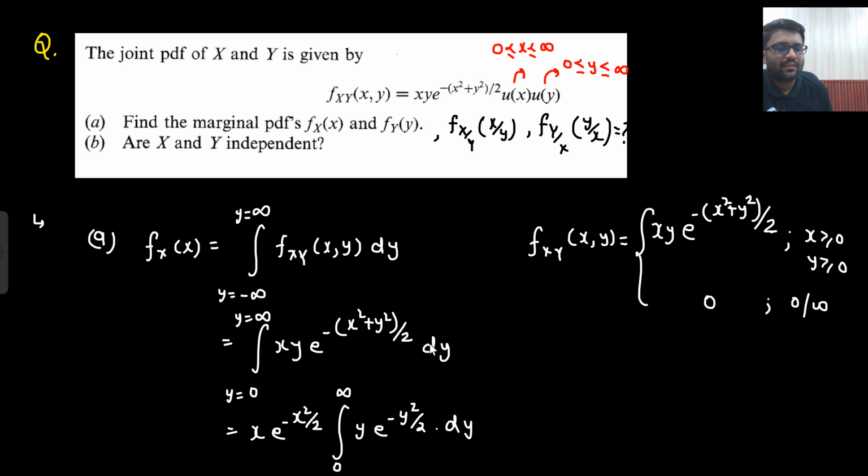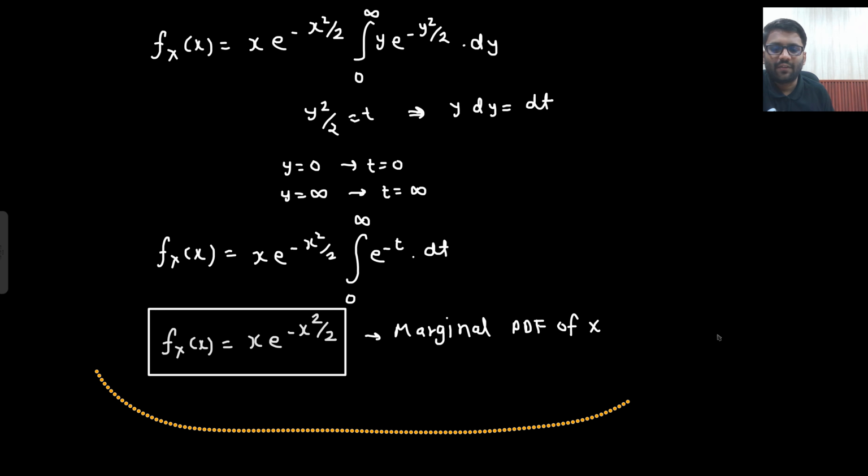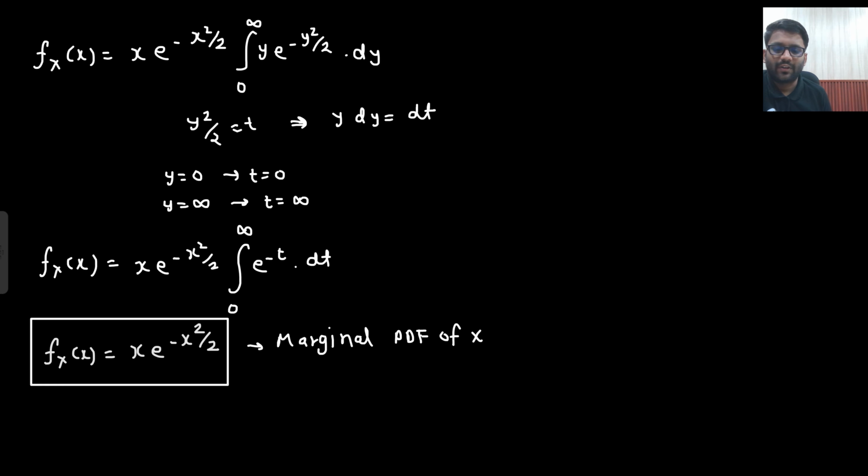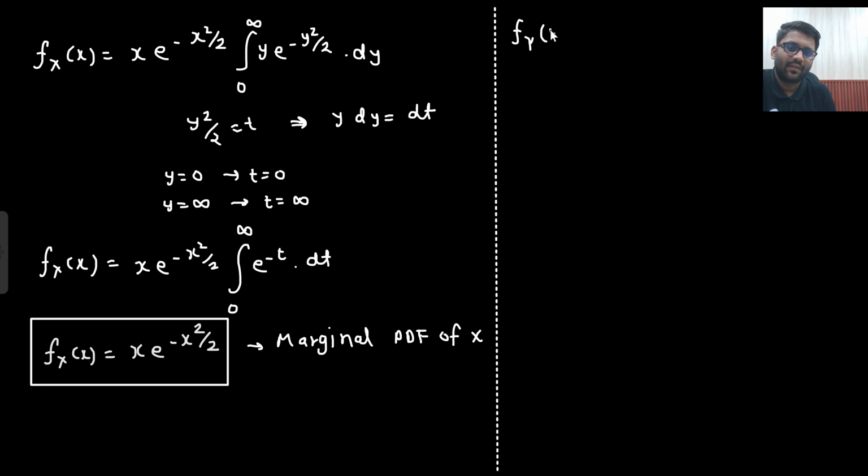What about f_Y(y)? The same expression you will get, ditto same expression. You can do it. How will you do it? If I need to get f_Y(y), I can do the same kind of integration here. If I need f_Y(y), what I will do?